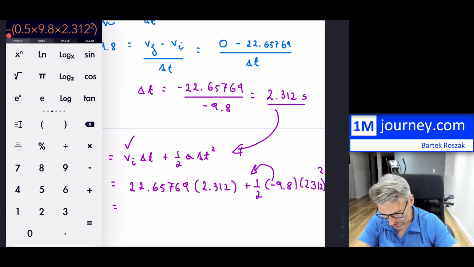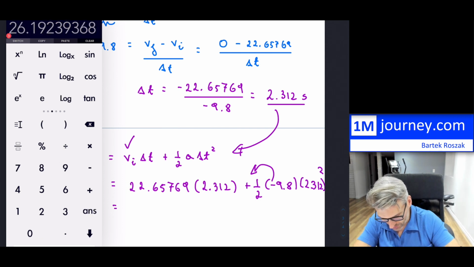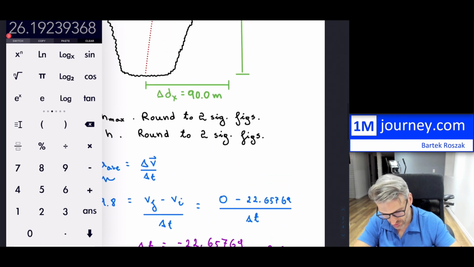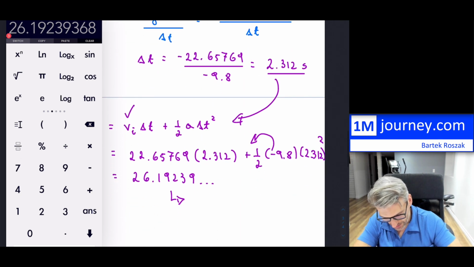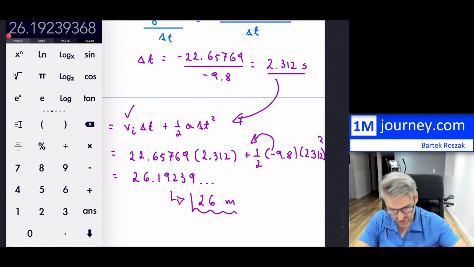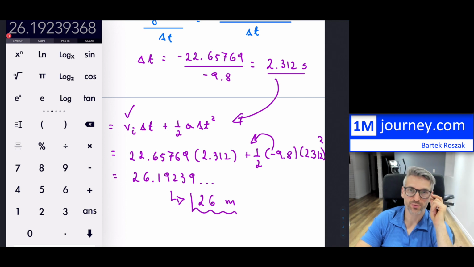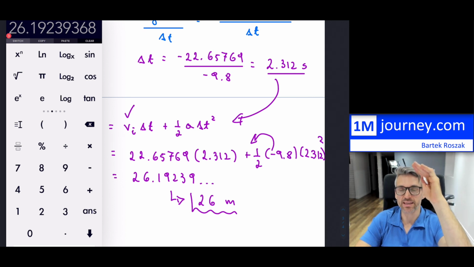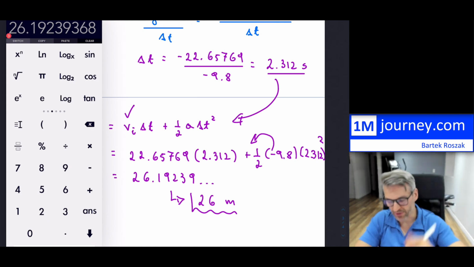I'm going to just close the bracket. So this equals 26.19239, etc. It said round to 2 significant figures, so 2 sig figs would be about 26 meters. So it's going to get launched up 26 meters high. That's going to be the peak, and then it's going to start to come down.